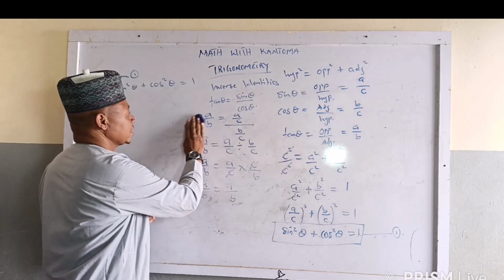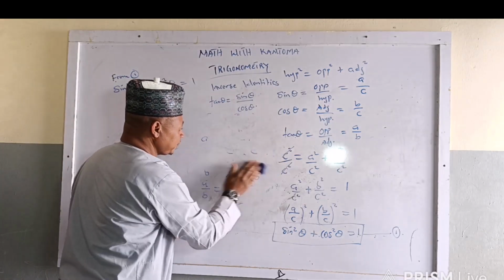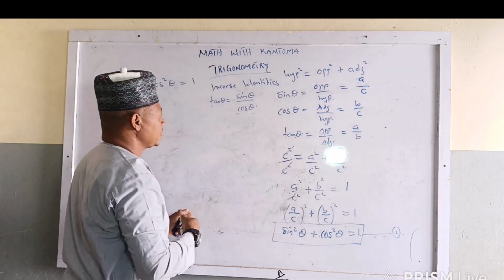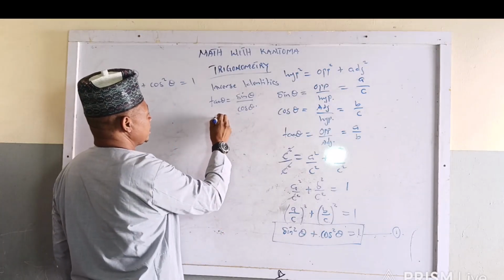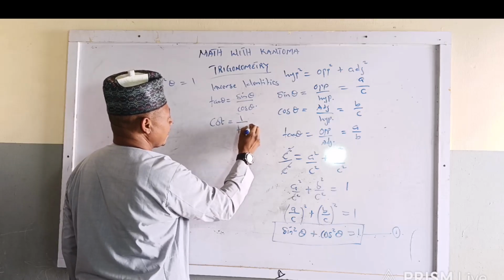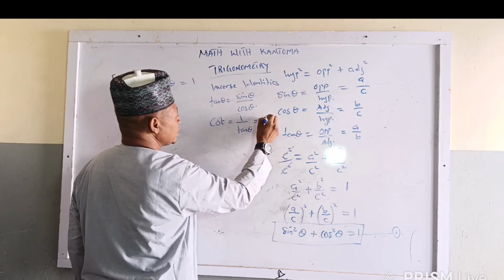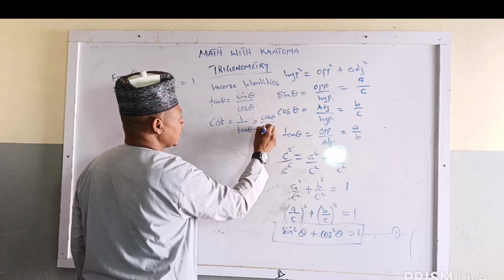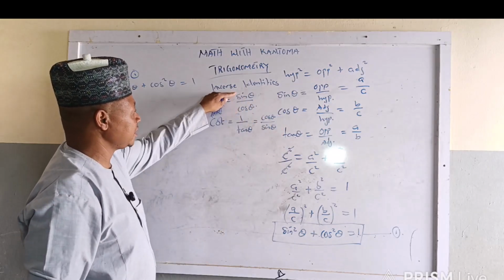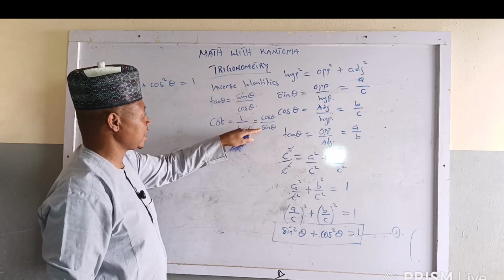So this is the first inverse identity, and the second inverse identity is cot theta, which is defined as 1 over tan theta, and is the same thing as cos theta over sin theta. If you take the inverse of this, if this is up and this one is down, it is inverse.